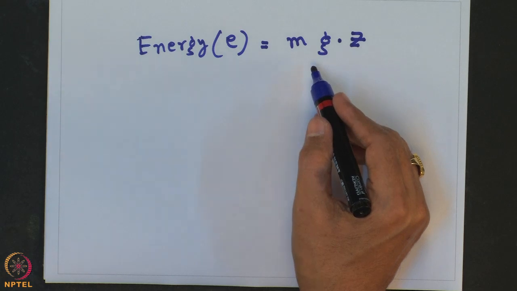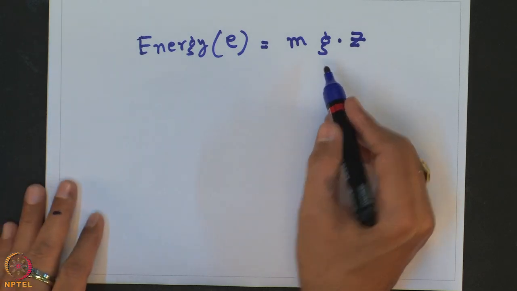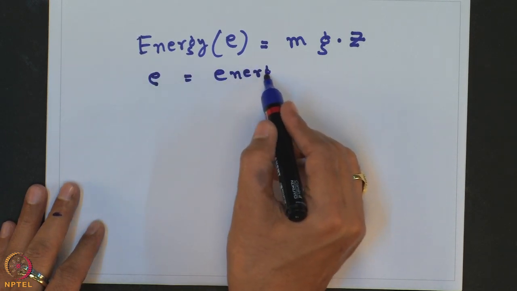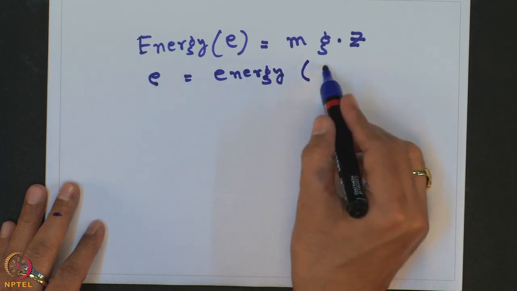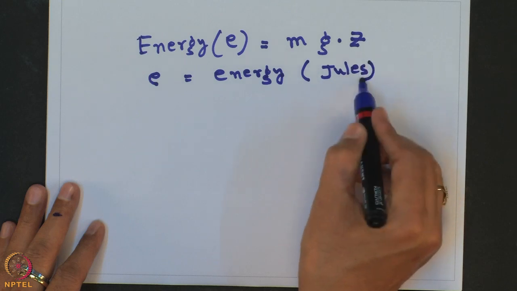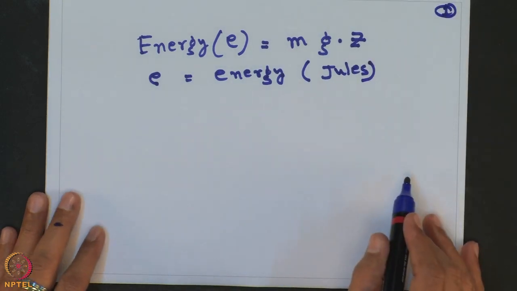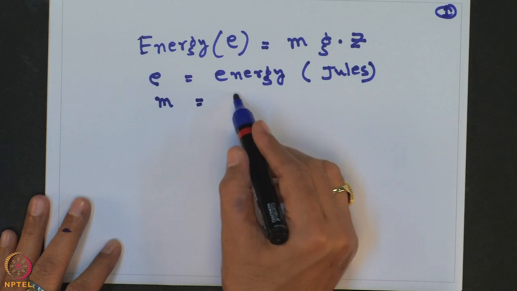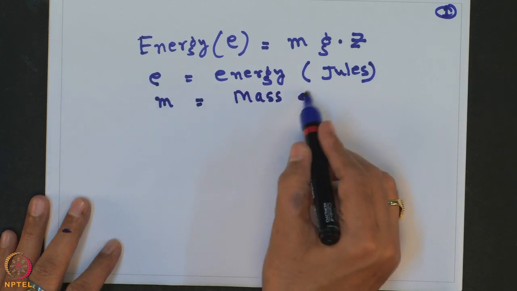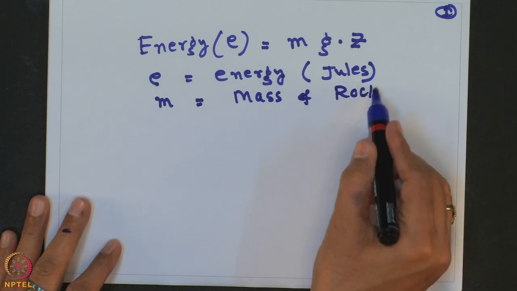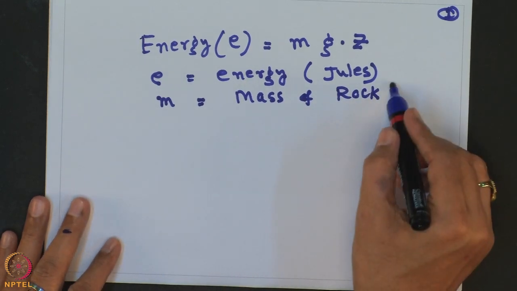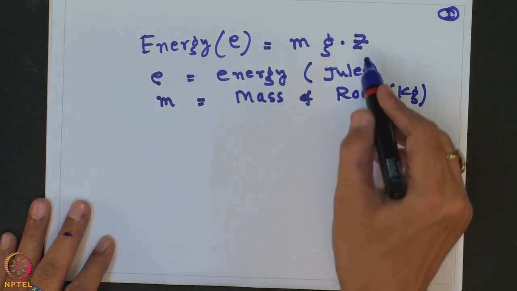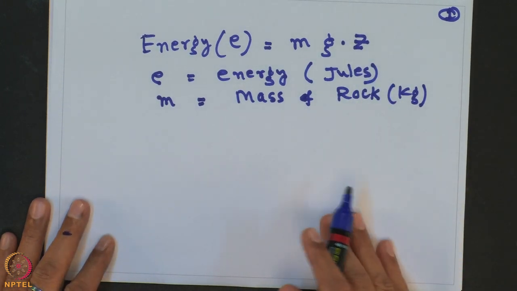So, you know what is E? It is the energy, and that unit is joules, and m is the mass of rock, which unit is kg, and z is the height of fall.